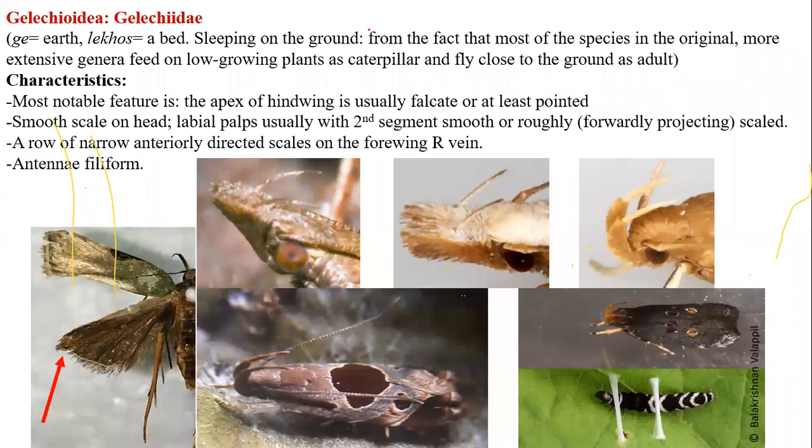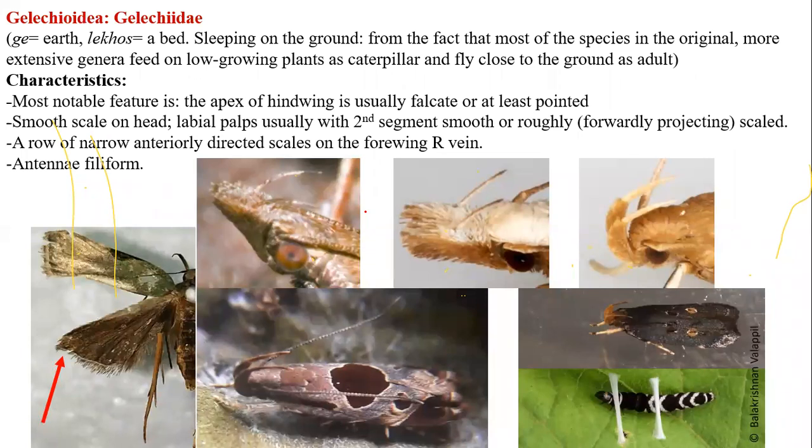This is from the fact that most of the species in the original genera feed on low growing plants as caterpillars, and as adults they usually tend to fly close to the ground. And for this reason the moths showing these characteristics are considered to be a part of family Gelechiidae.